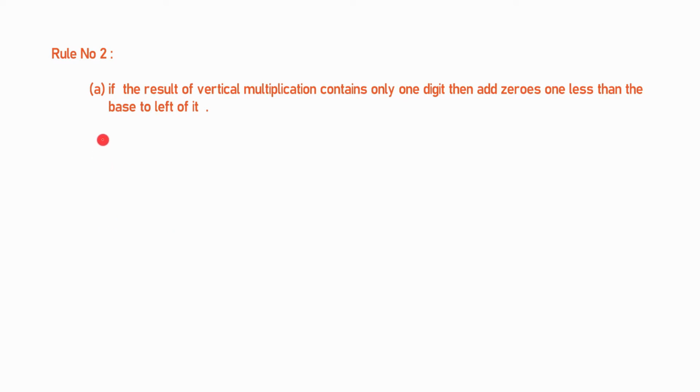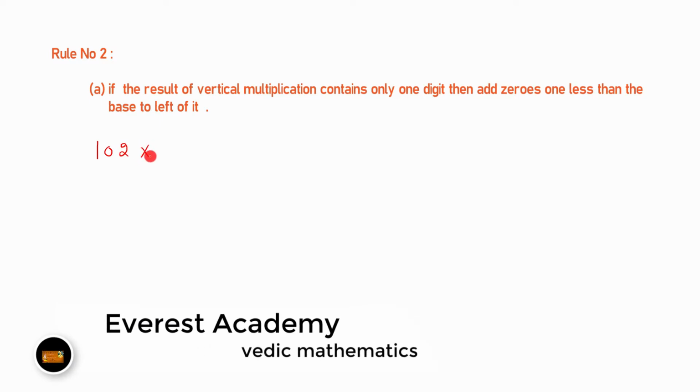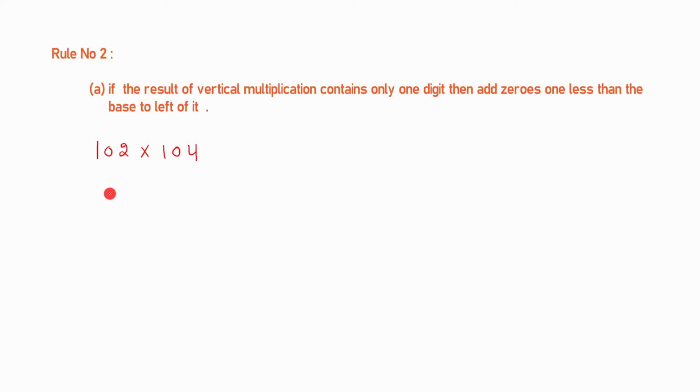So we have to multiply 102 into 104 by using rule number 2 part A. 102 is 2 more than 100 and 104 is 4 more than 100.